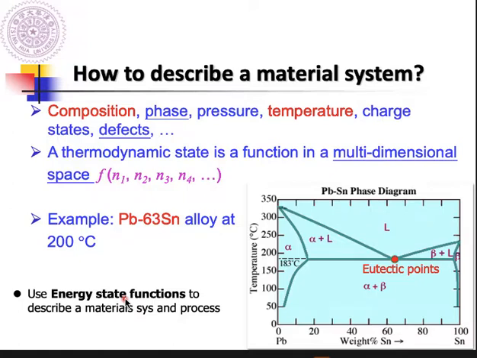So if we use the energy state function, it's much easier for us to determine whether the state you are interested in is the lowest-energy state or not. This is what we want to say in this slide: please use the energy state function. The energy state function is a suitable way to describe a thermodynamic equilibrium state. I mean, to describe your material system.